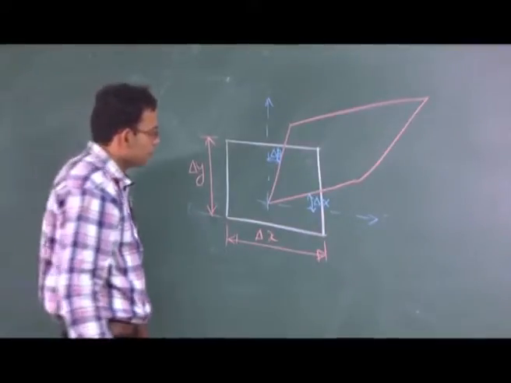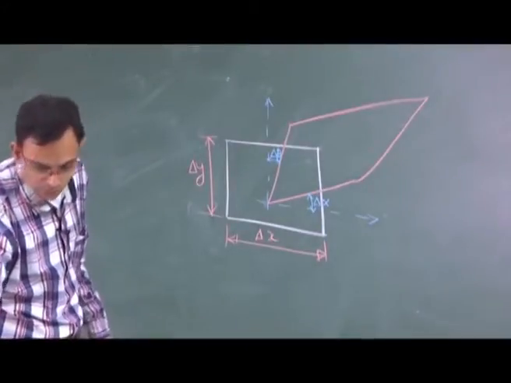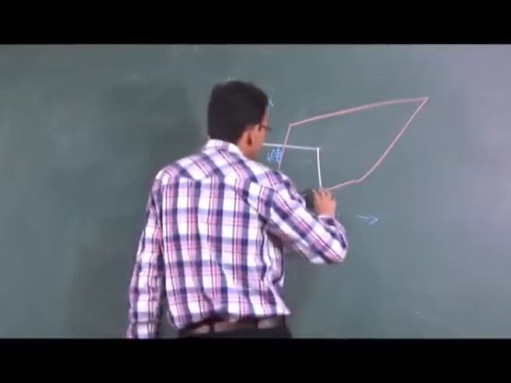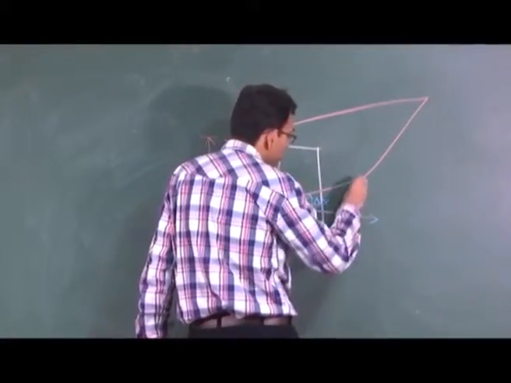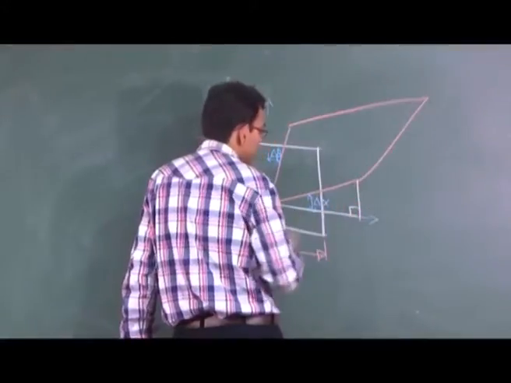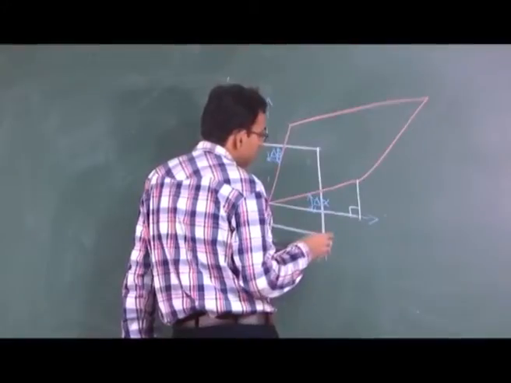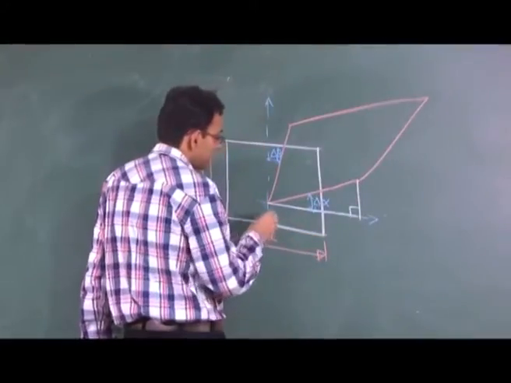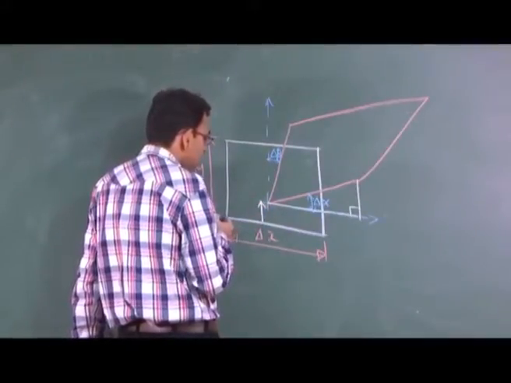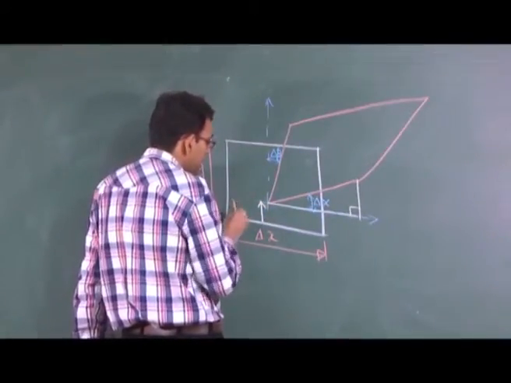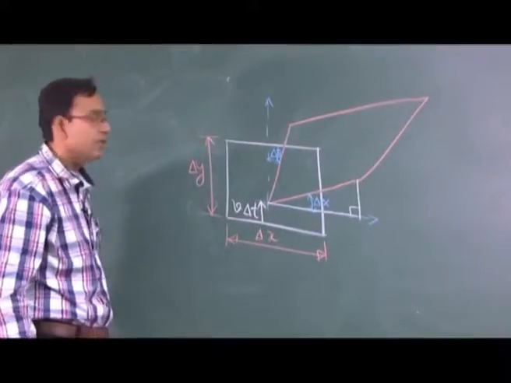So, now we will try to find out this angle delta alpha and delta beta. To do that, we will make this construction, we will construct a right angle triangle here. So, this distance is what? If v is the velocity here, over a time delta t, this goes up by v into delta t.